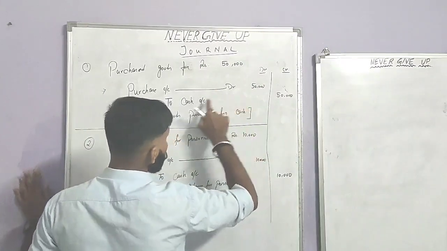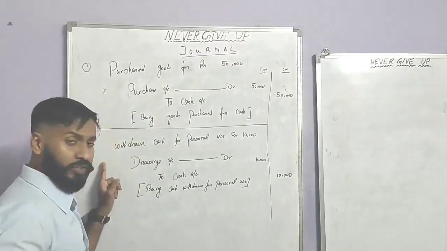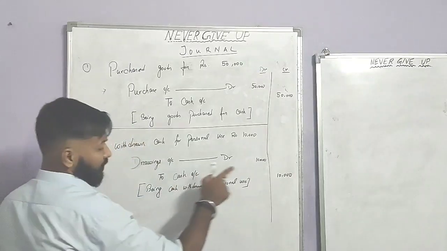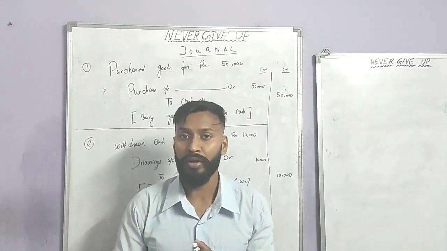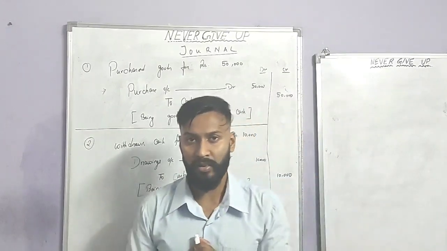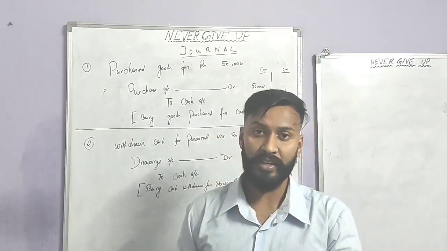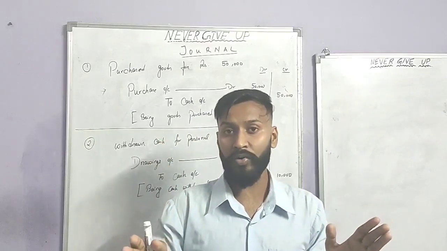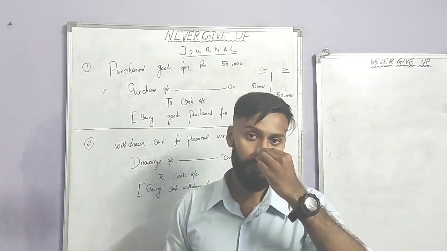In the second journal also, one account is debit and another account is credit. This type of journal, with one debit account and one credit account, is called a simple journal.